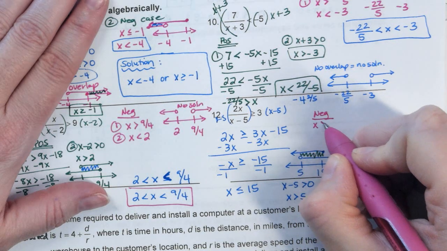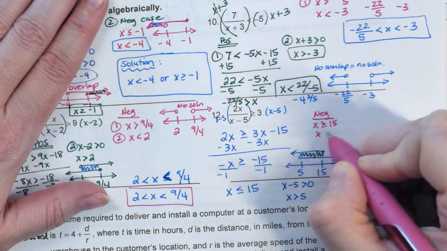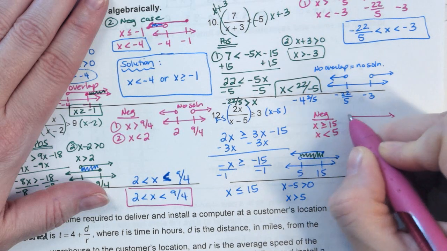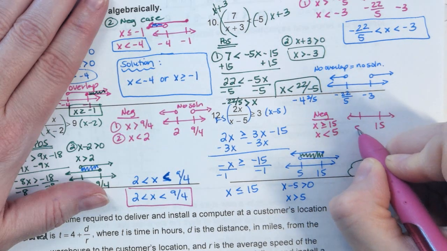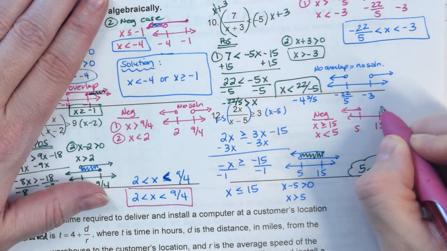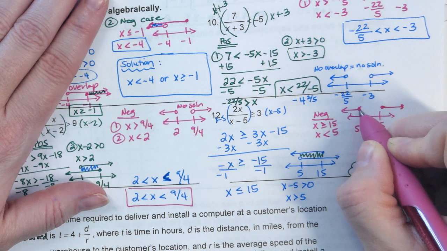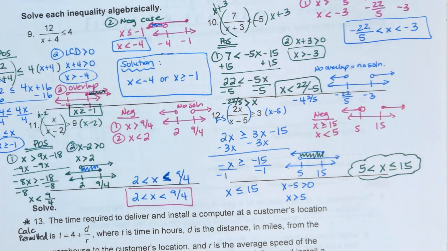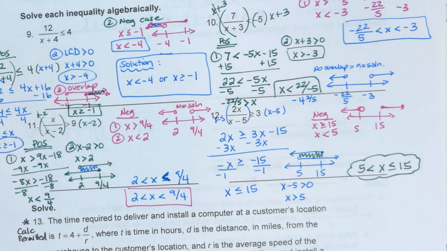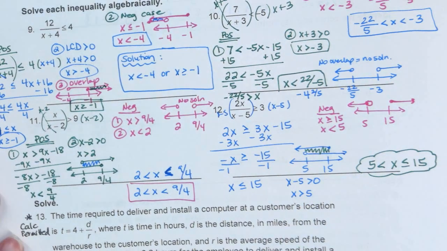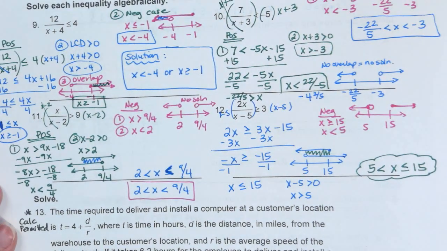So x is greater than or equal to 15, x is less than 5. Yep, so no solution there, which means that is your final solution. Alright, how are we feeling about that set? Pretty good?